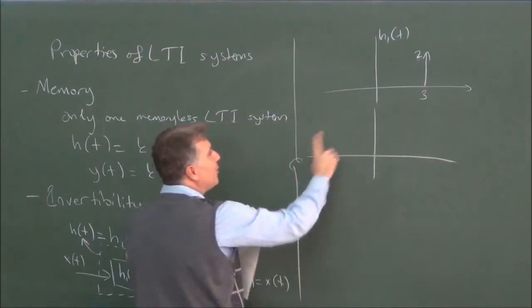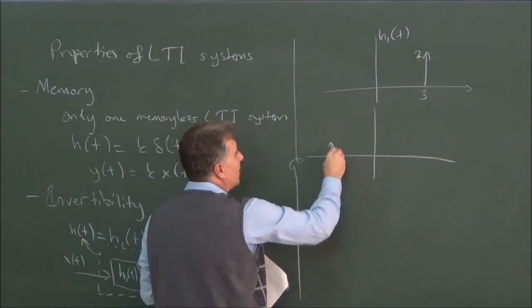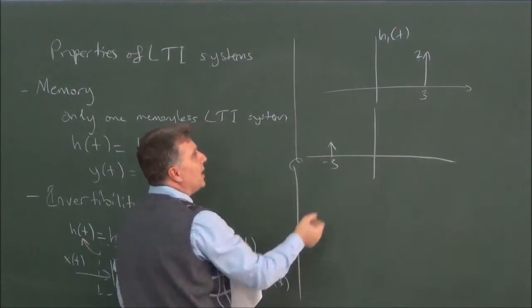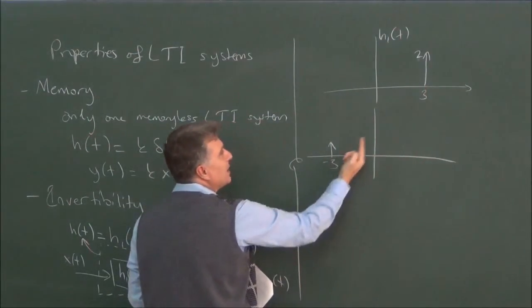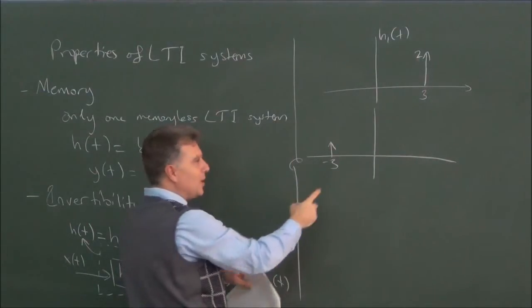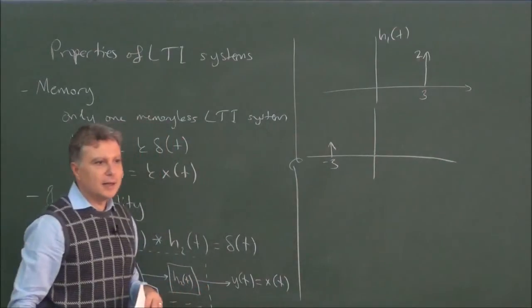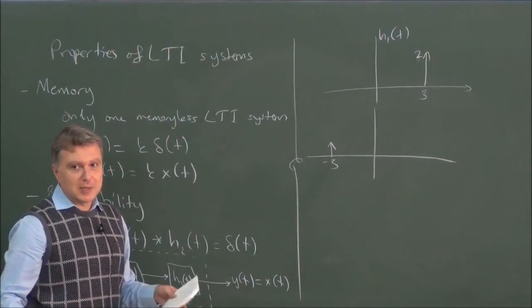And when you convolve the two, you have to shift this thing to the left by 3, which makes an impulse in the center, or conversely, you have to shift this thing to the right by 3, which again causes another impulse in the center, which makes delta t.